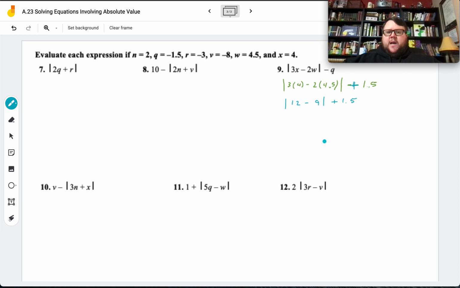Then I go back to the inside. 12 minus 9 is 3. Remember, I keep my absolute value until I get it by itself, and then I take care of it. Absolute value of 3 is just positive 3. So I get 3 plus 1.5, which equals 4.5.